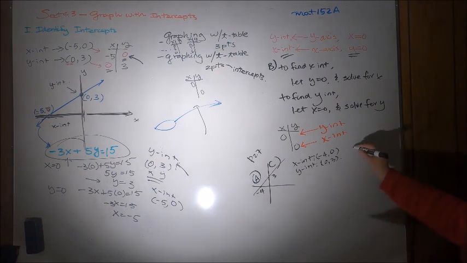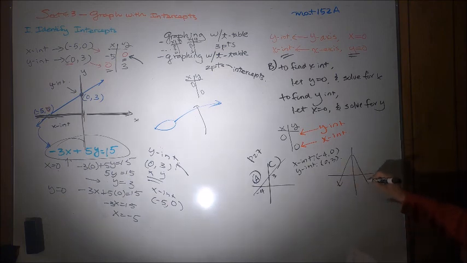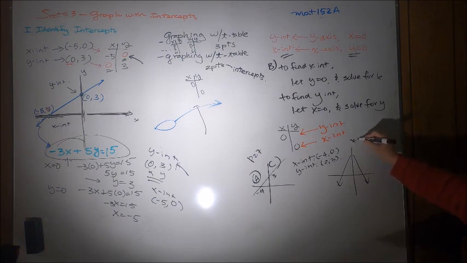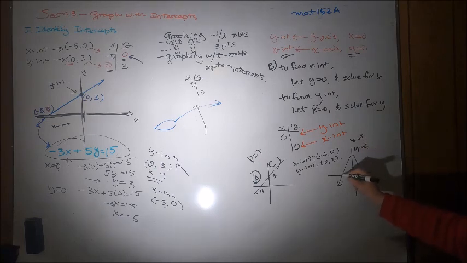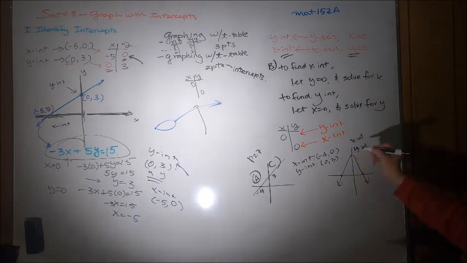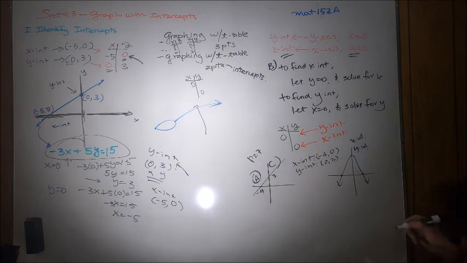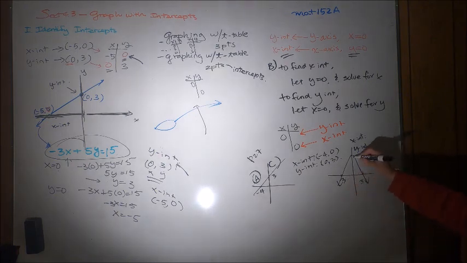And the second one is like this. So how many x-intercepts do you think you have? And how many y-intercepts do you have? So 2 x-intercepts, 1 y-intercept. So here is -3 and 3, here is 5.